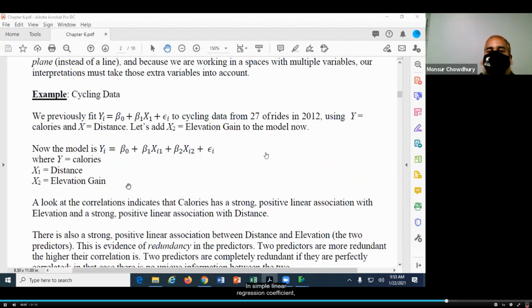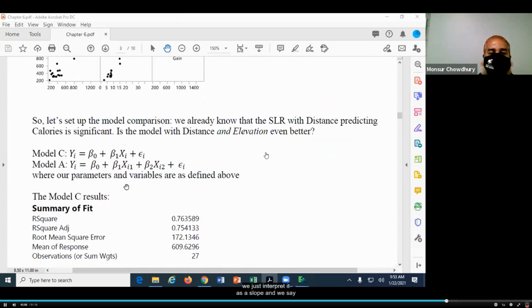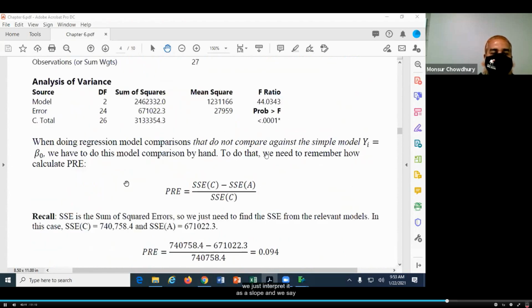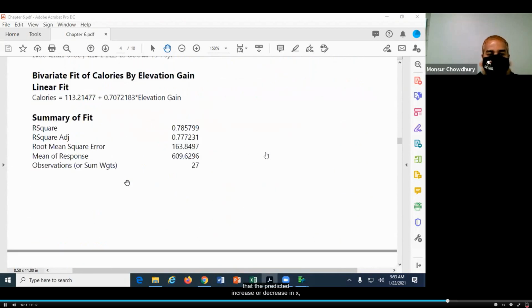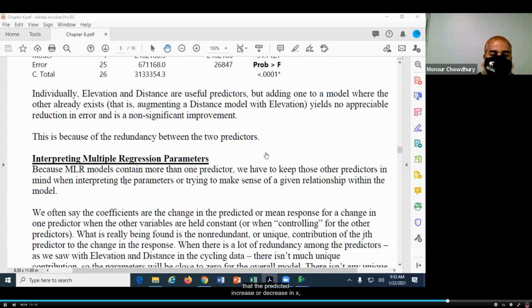In simple linear regression, we interpret it as a slope, and we say the predicted increase or decrease in y for a unit increase in x. So the predicted value of y, or the mean value of y, for a unit increase in x.